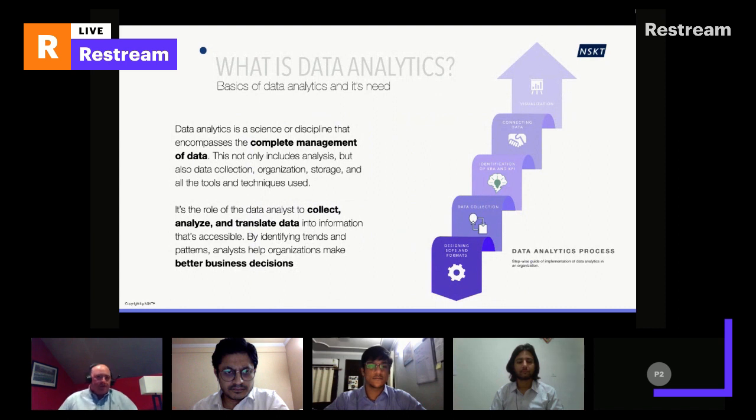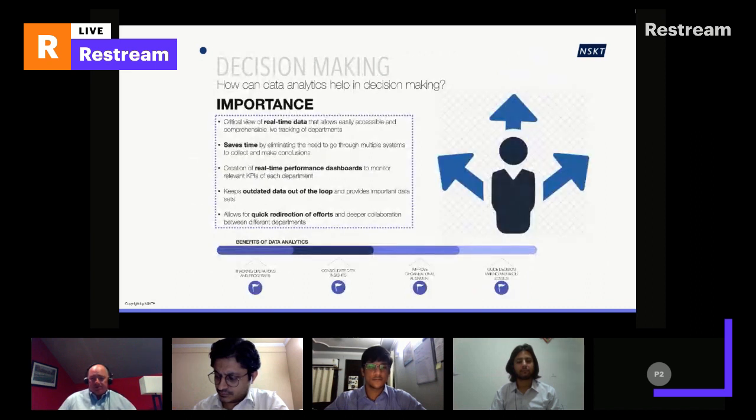So no more taking educated guesses or basing decisions on intuition. We take your intuition and turn that into a science-based decision. With every science-based decision, it's going to rely on data. Collecting, analyzing, and translating data is at the heart of our data analytics process.